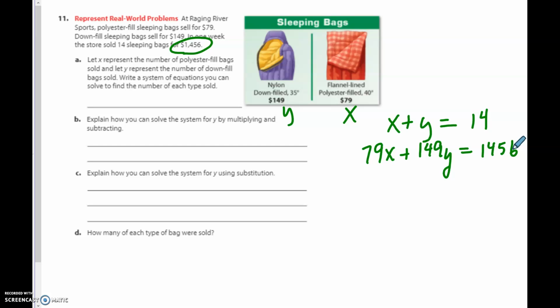For part B, explaining how to solve by multiplying and subtracting, I'm going to choose to get rid of my x's. So I'm going to multiply the top equation by a negative 79.